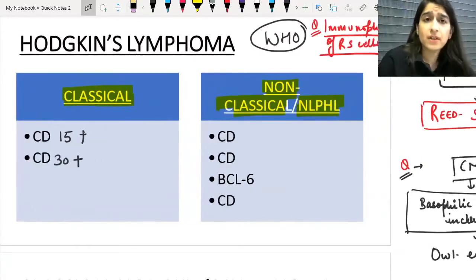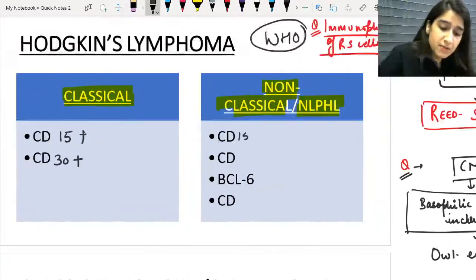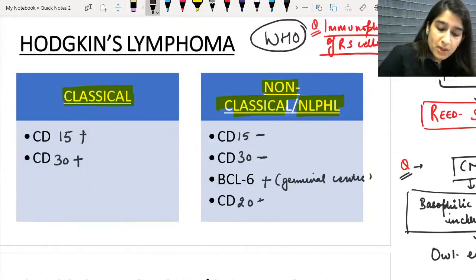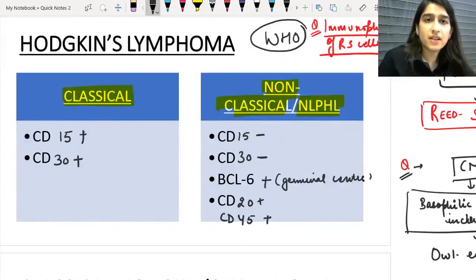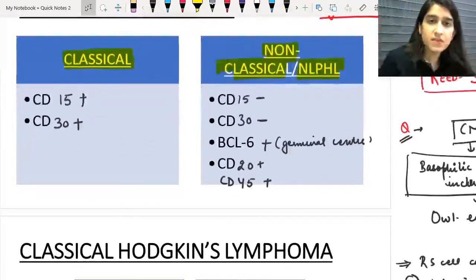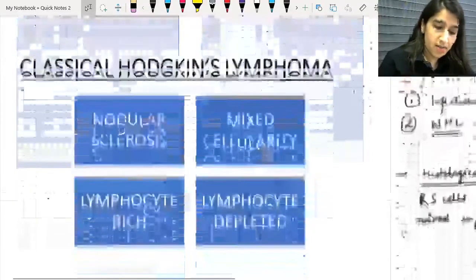In the case of non-classical, they are CD15 negative, CD30 negative, BCL6 positive, and BCL6 is a marker of germinal center, and they are CD20 positive and CD45 positive. So these are the various CD markers, very, very important for classical as well as non-classical Hodgkin's lymphoma, and the basis of this differentiation is immunophenotyping of the RS cells. Okay, now we move further.